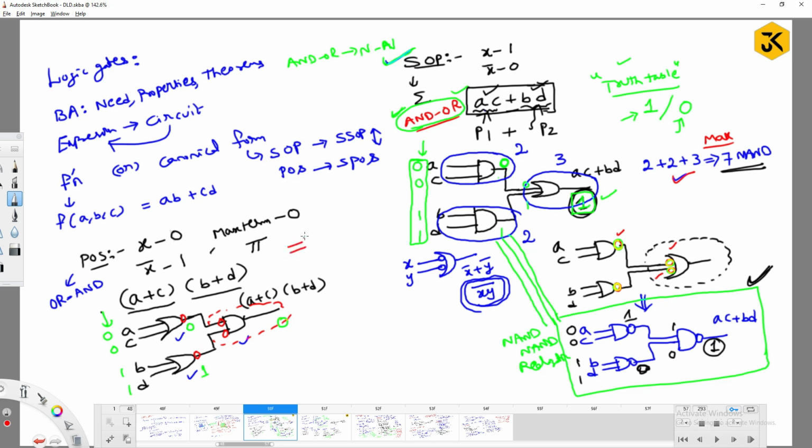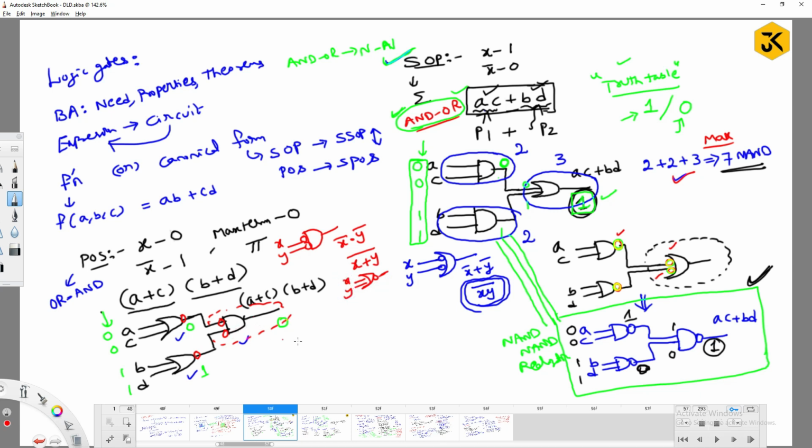See, it will look like this. So this is x, y. This is x bar into y bar. x bar into y bar I can write as x plus y whole bar. x plus y whole bar means what? This is x NOR y, which is equivalent to x NOR y.